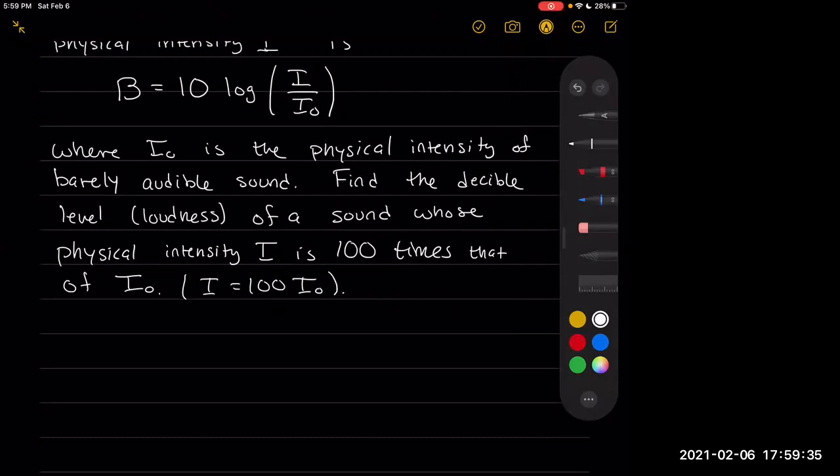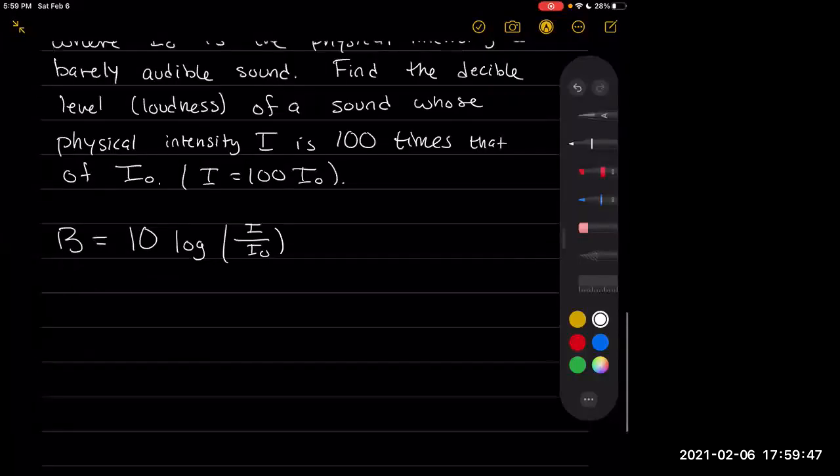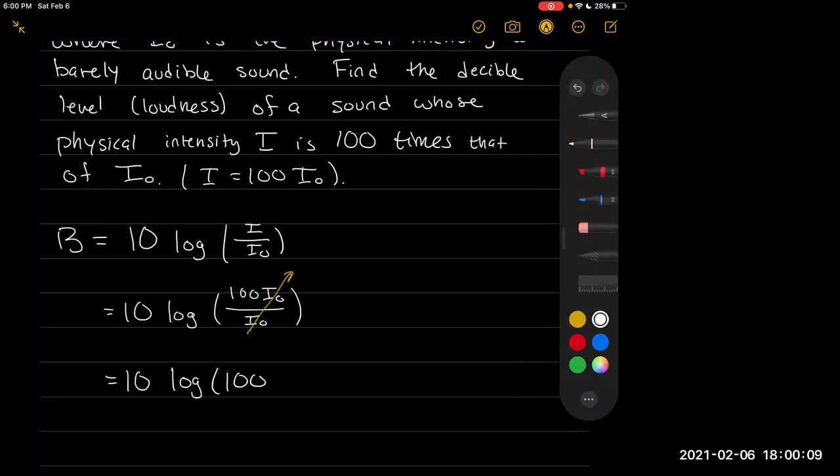So if we're looking at our formula, B equals 10 log of I over I naught, which is 10 log of 100 I naught over I naught. And so now we're going to cancel the I naughts. And we'll get 10 log 100.